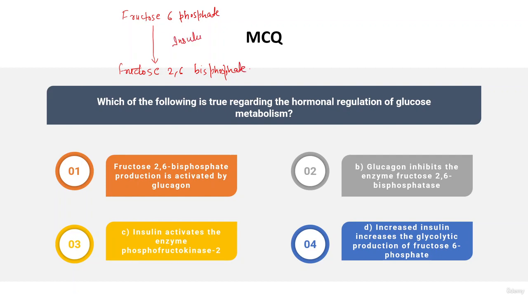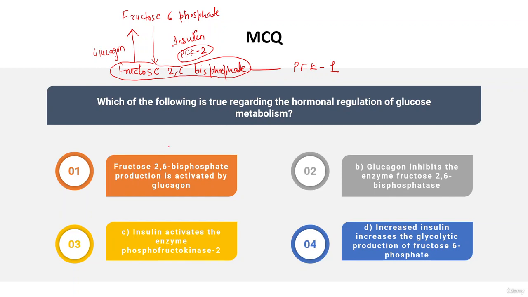Insulin was responsible for phosphofructokinase 2 activation, and this fructose 2,6-bisphosphate was responsible for phosphofructokinase 1 activation. We also learned that in the presence of glucagon, fructose 2,6-bisphosphate transformed back to fructose 6 phosphate. So these were the whole steps we remember from video 2.